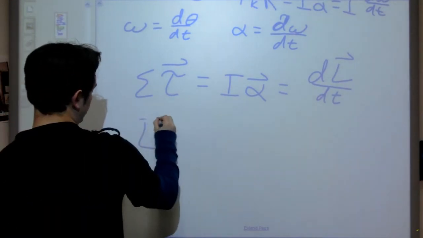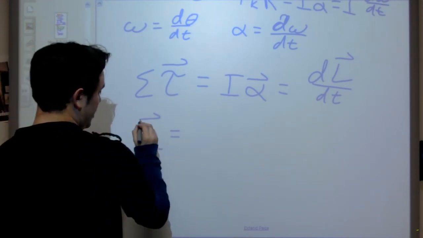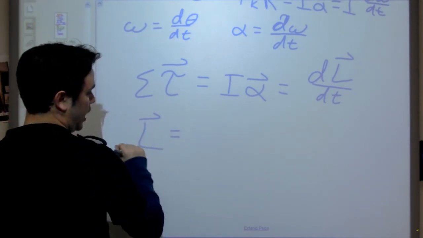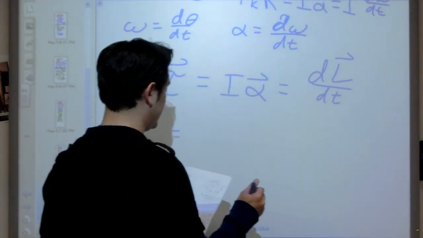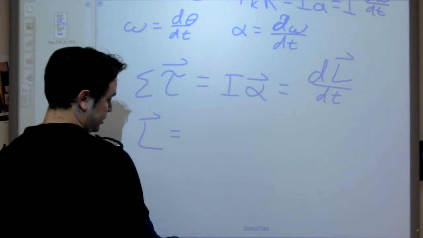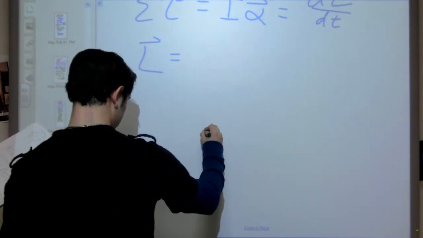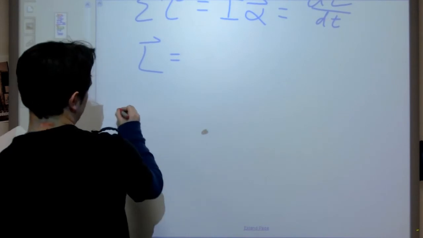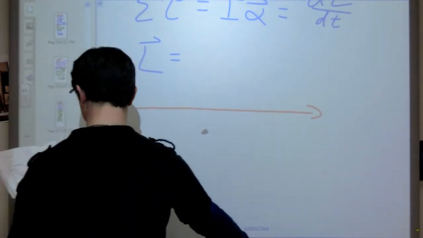Now, one of the very useful equations that has kind of limited use, this is the angular momentum of an object moving in a straight line, about a point. So basically we've got some point here, and we have an object moving in a straight line related to it.